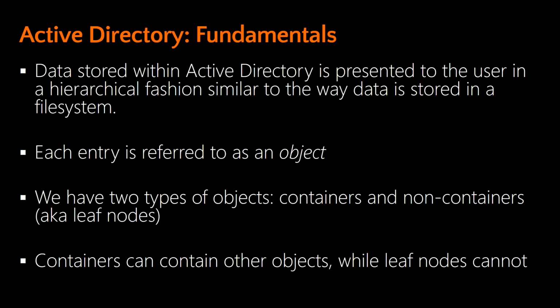In Active Directory, each entry is referred to as an object, and we divide those objects into just two categories. We've got containers and we've got non-containers, which usually we say are leaf nodes. So, for instance, an organizational unit is a container because it can contain other objects of different types.